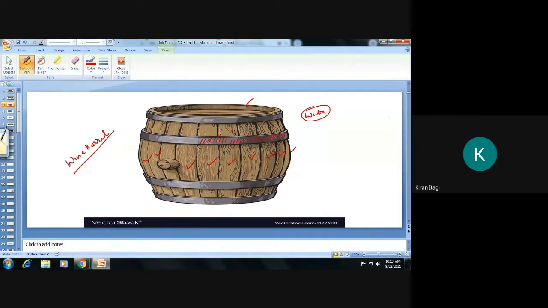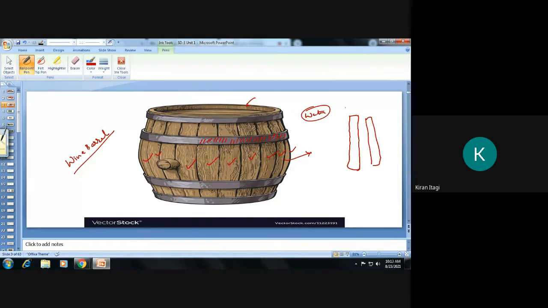If you take this section outside, only one wood will be like this. They will be individual staves like this.